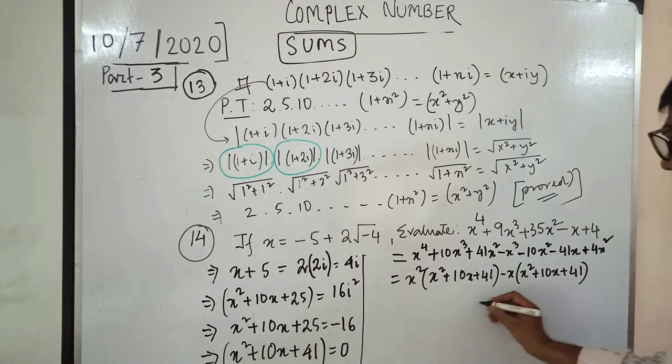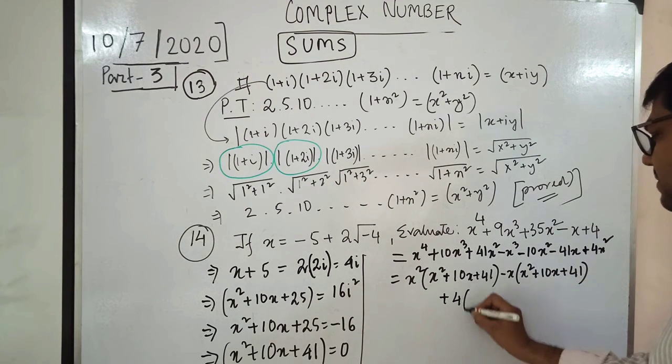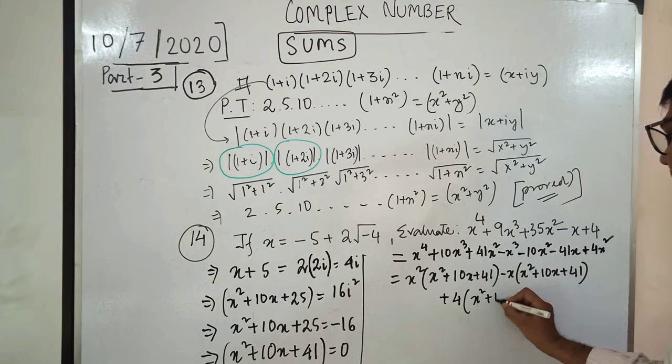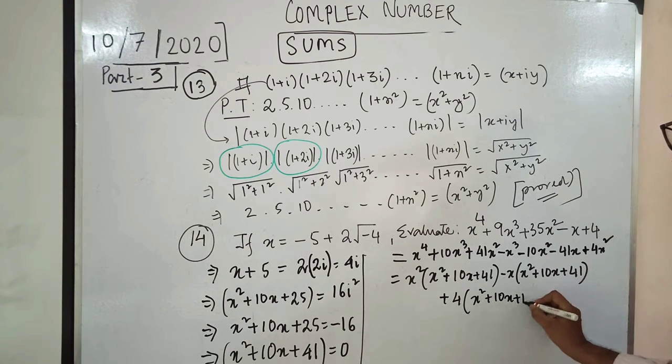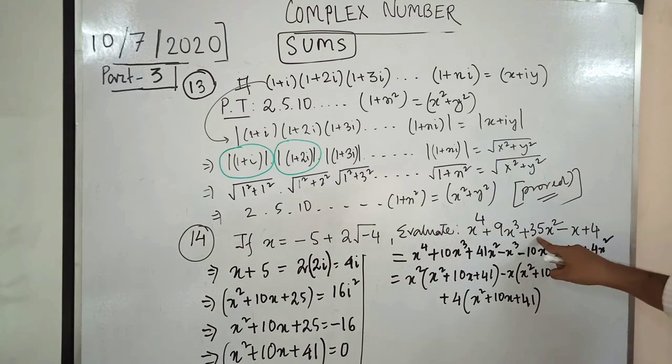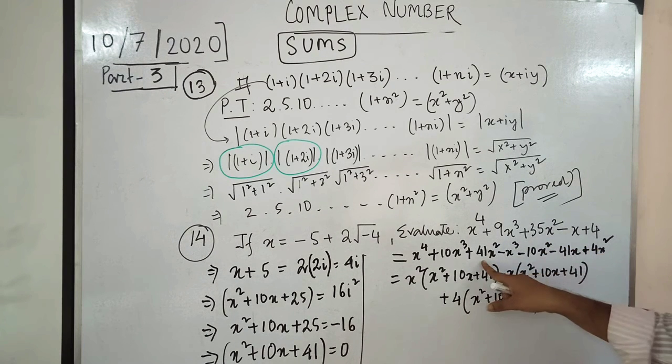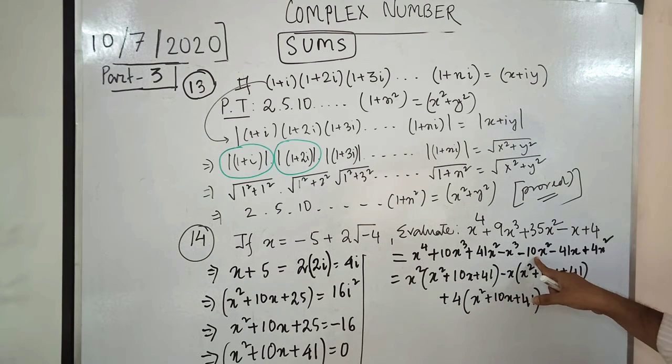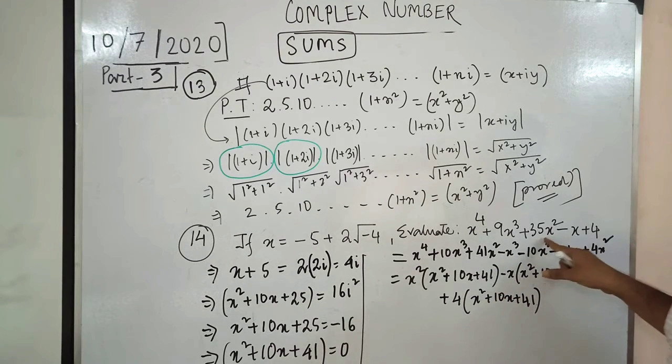So to get a 4x square in the second line, I need to multiply 4 into x square plus 10x plus 41. So my x square problem is also solved. How? 41x square minus 10x square, which is 31, plus 4, 35.